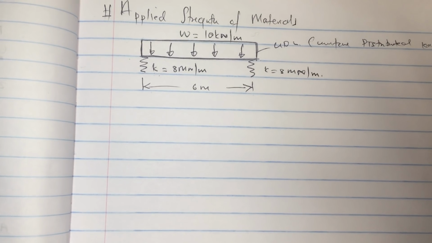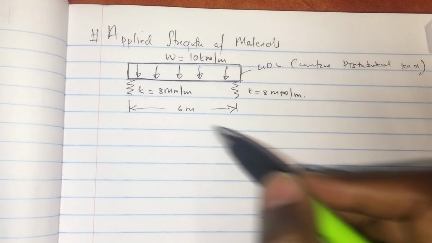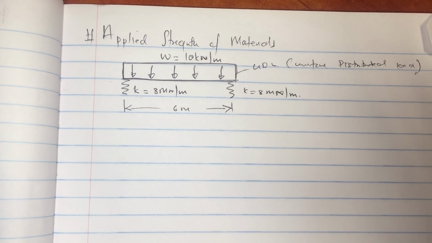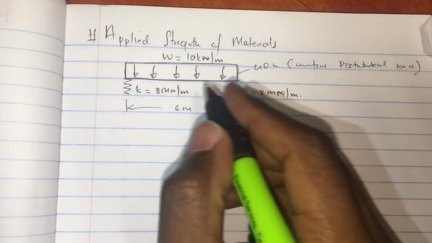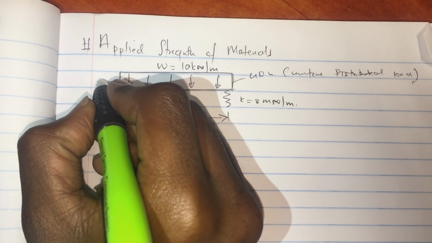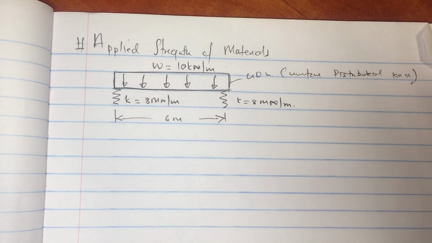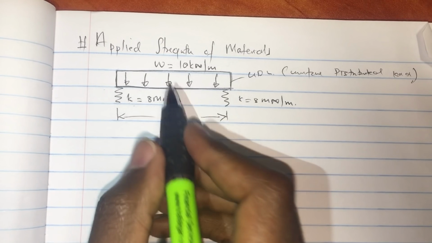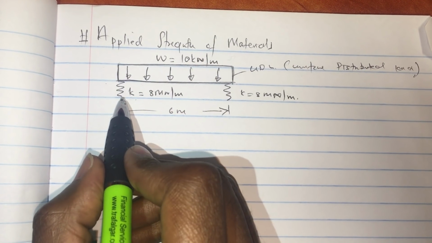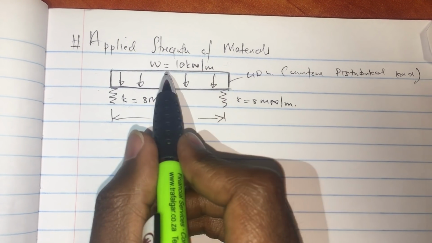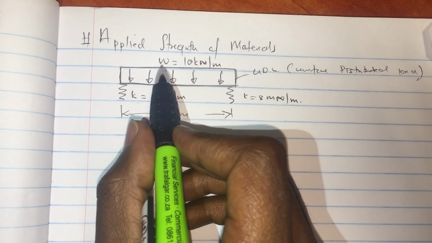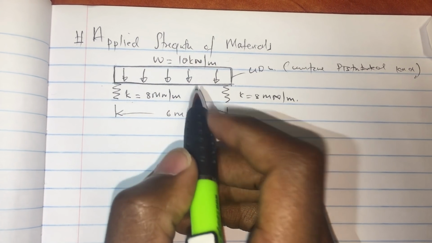So we have to determine the total strain energy within this system. The first thing we do is work with the first scenario, which is the beam itself. The beam is experiencing a certain load, W, which is equal to 10 kilonewtons per meter.